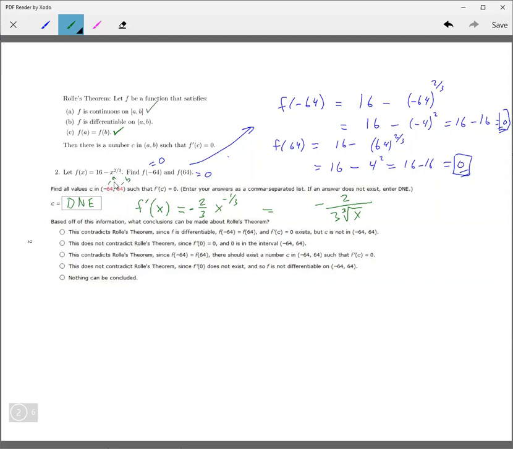But where it doesn't work is the differentiable condition, because f prime of 0 does not exist. So if you put a 0 for x, this is not satisfied. And of course, the conclusion doesn't happen either because there's no place where the derivative is 0.